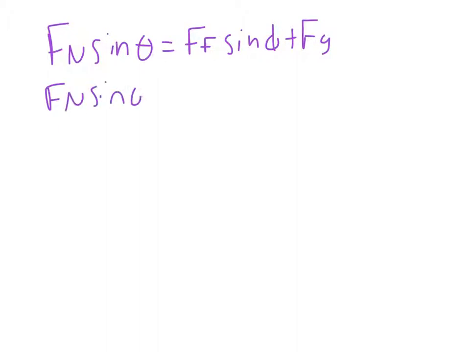Fny is Fn sine theta. This equals FFY, so FF sine phi plus Fg. Fn sine theta equals mu Fn sine phi plus Fg.